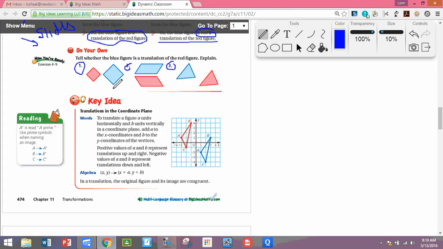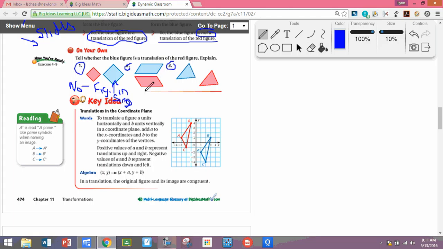Okay, so number 1, is number 1 a translation? No, it's not. It's not because the figure increases in size, and that can't happen in a translation. Your figure or your shape is going to remain exactly the same size.